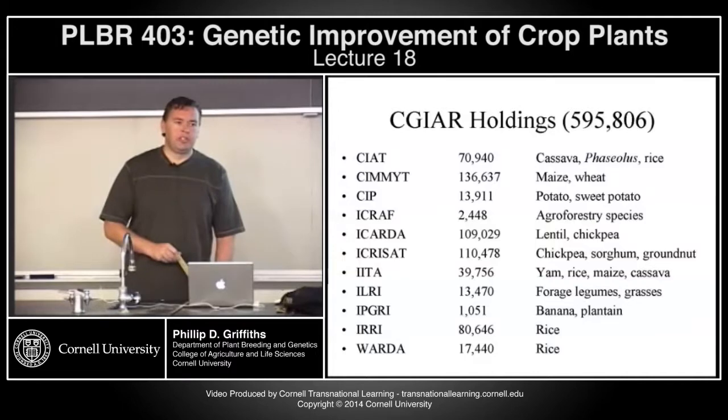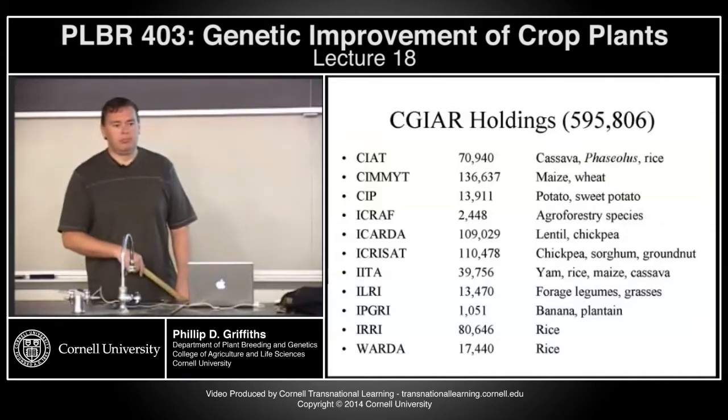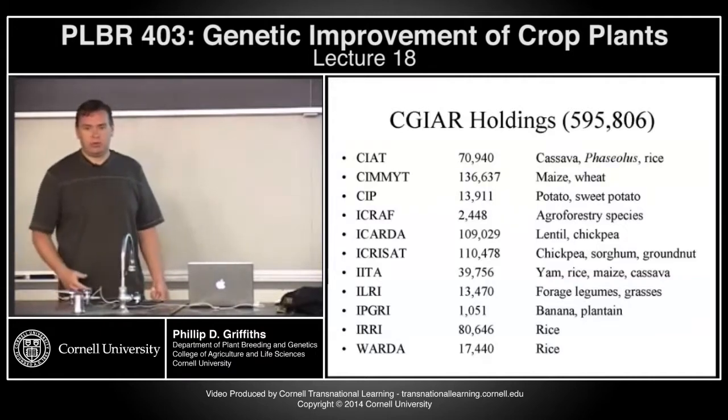And in fact, the one reason that the USDA has a problem with granting intellectual property to germplasm is that that would essentially go against the US Constitution for granting basically intellectual property for something that doesn't really exist as intellectual property.